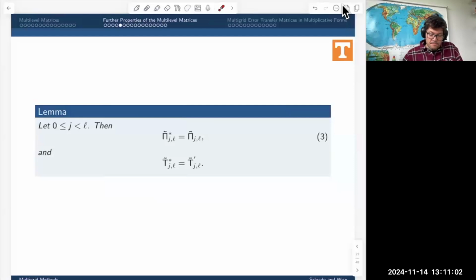Okay, so suppose that J is strictly less than L, then we have the following properties. If I take the adjoint of the pi JL tilde matrix, then I get the same matrix back. In other words, this is a statement which says this is self-adjoint, right?